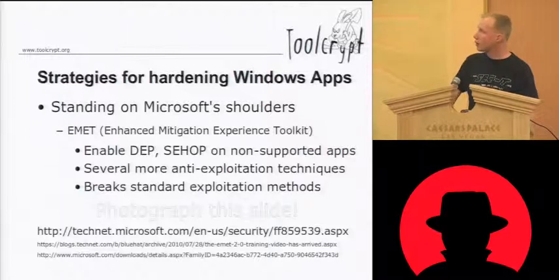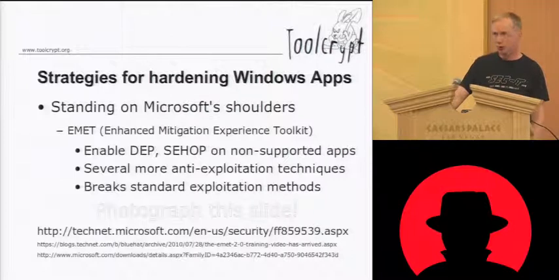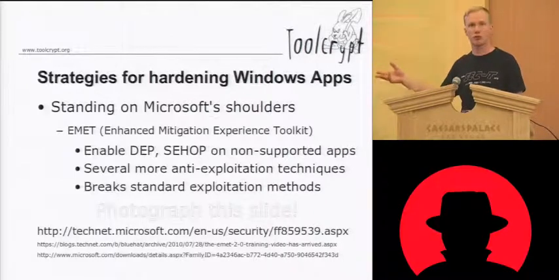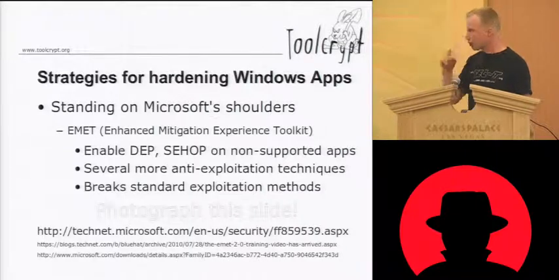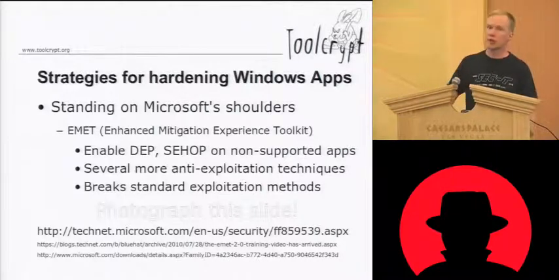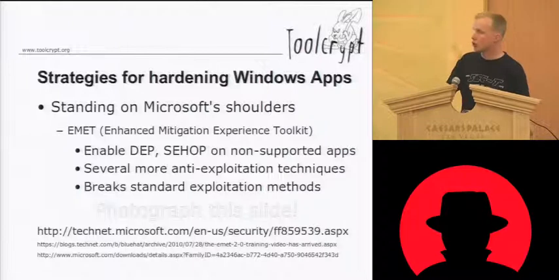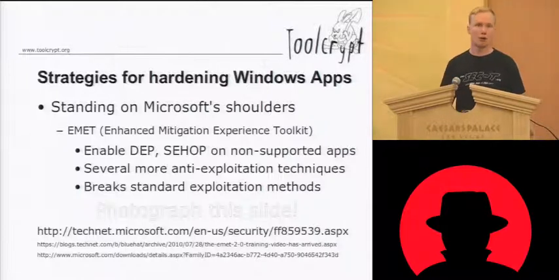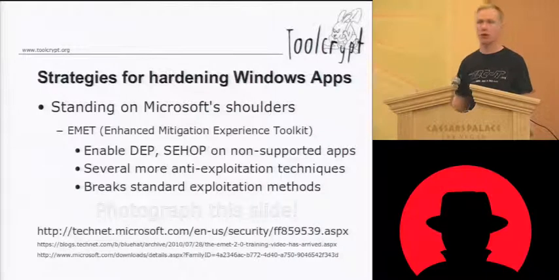And also there are some features in EMET that can enable, for example, ASLR and DEP for your processes without you having to be aware of all this stuff that I've been talking about before. So it can, for example, force modules to use ASLR even though they haven't been compiled with the dynamic base linker flag and stuff like that.